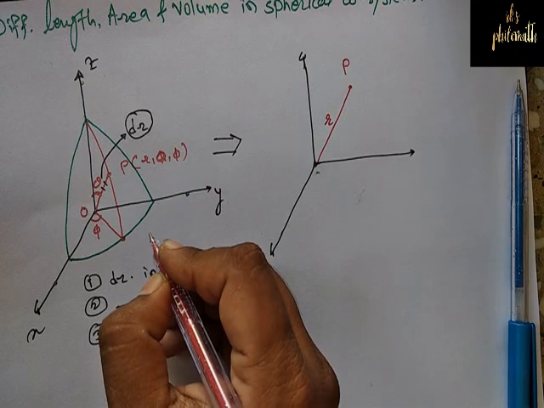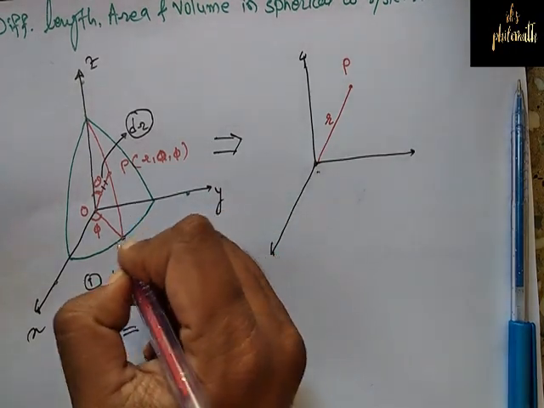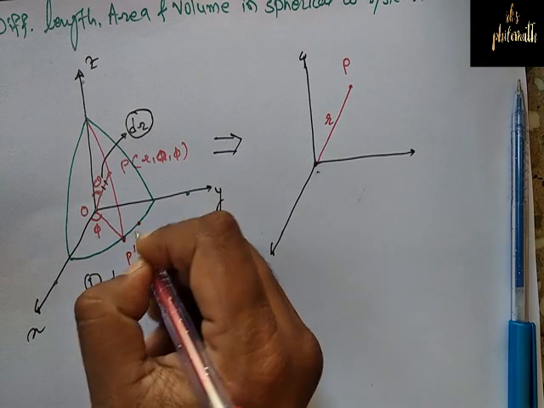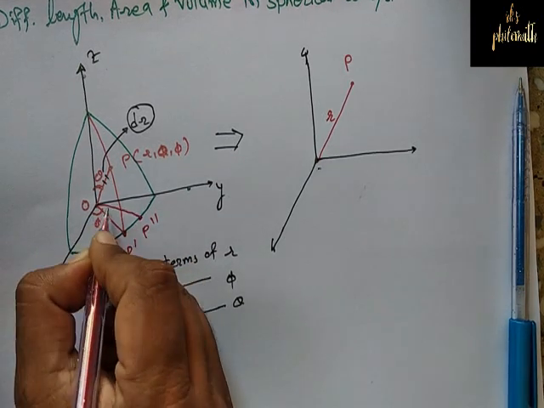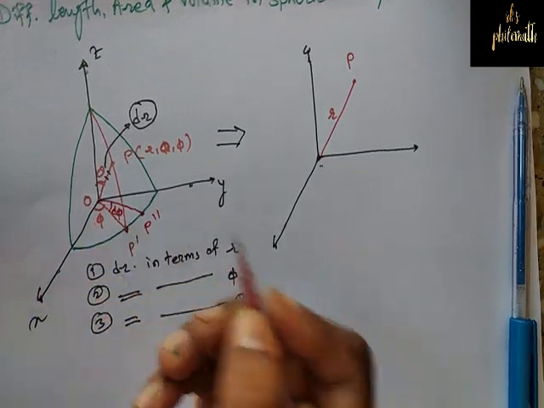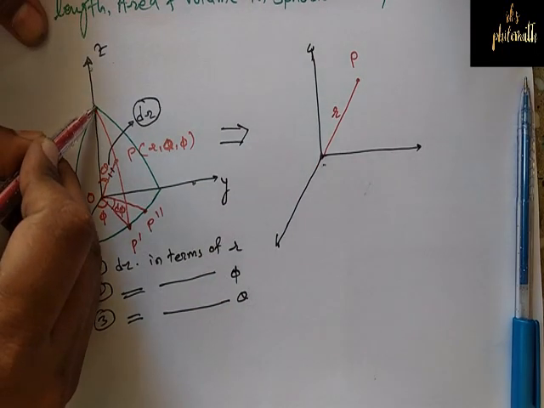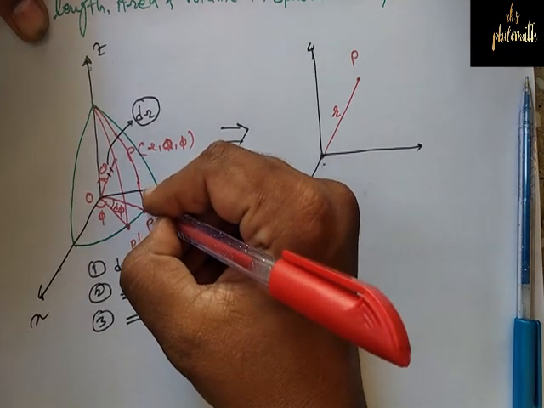Now we have to change the angle phi. What is the meaning of changing angle phi? This point P is moved to P double dash. The small variation in angle will become d phi. So again connect this point to the z axis.